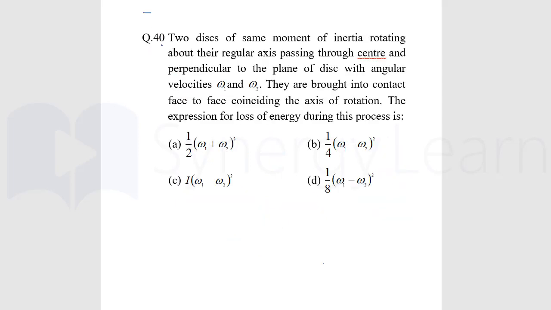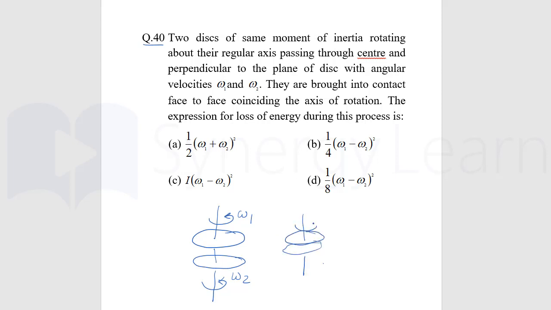In question number 40, two disks of the same moment of inertia are rotating about their axis passing through the center and perpendicular to the plane of the disk, with angular velocities omega 1 and omega 2. When they are brought in contact, finally they will rotate with a common omega.